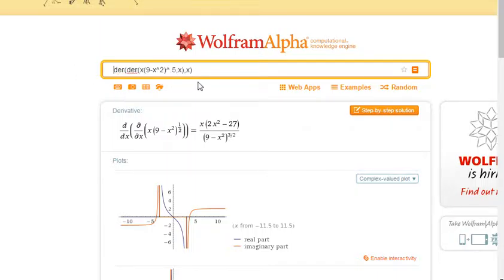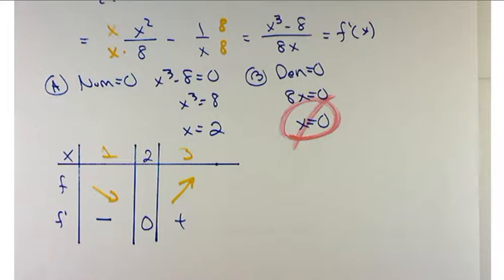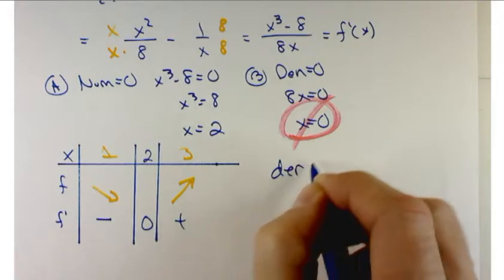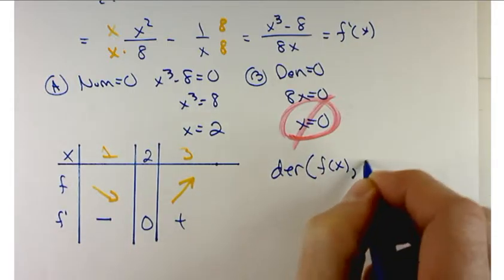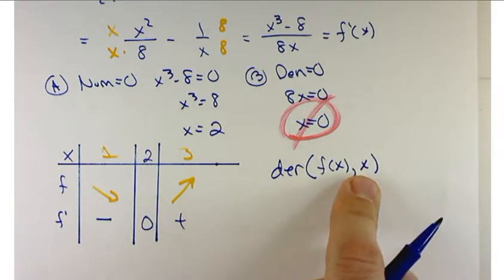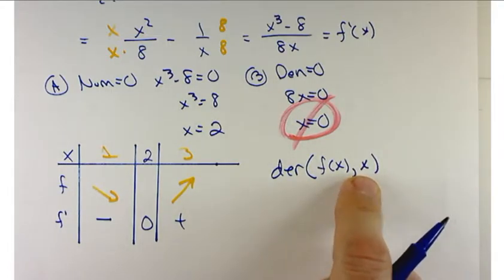wolframalpha.com. In order to calculate a derivative, you need to type in a command of this form: DER, so derivative of f of x, comma, x. You have to tell it what you're differentiating with respect to.